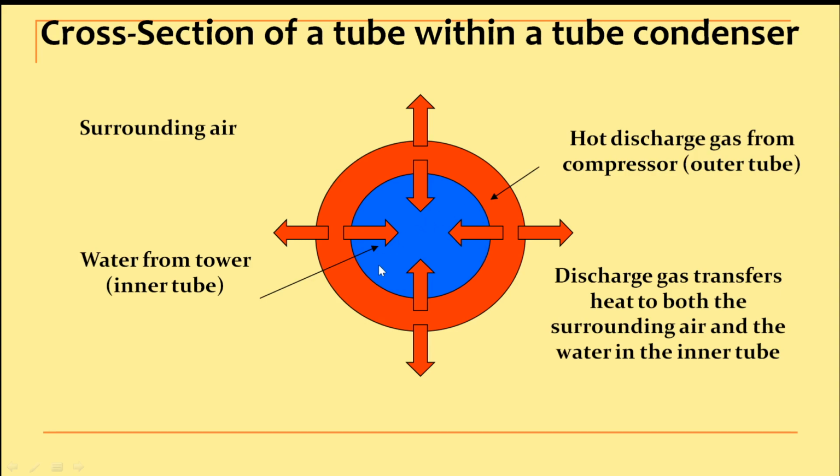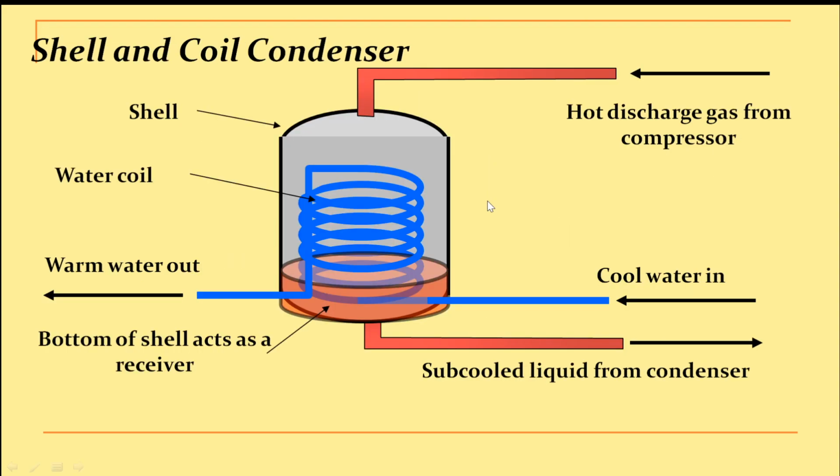So here in this particular diagram, water from the cooling tower is provided in the inner tube and the hot discharge gas from the compressor is in the annular space. Now another category of condenser is shell and coil condenser, where you can see a coil which carries water and the shell carries the refrigerant.